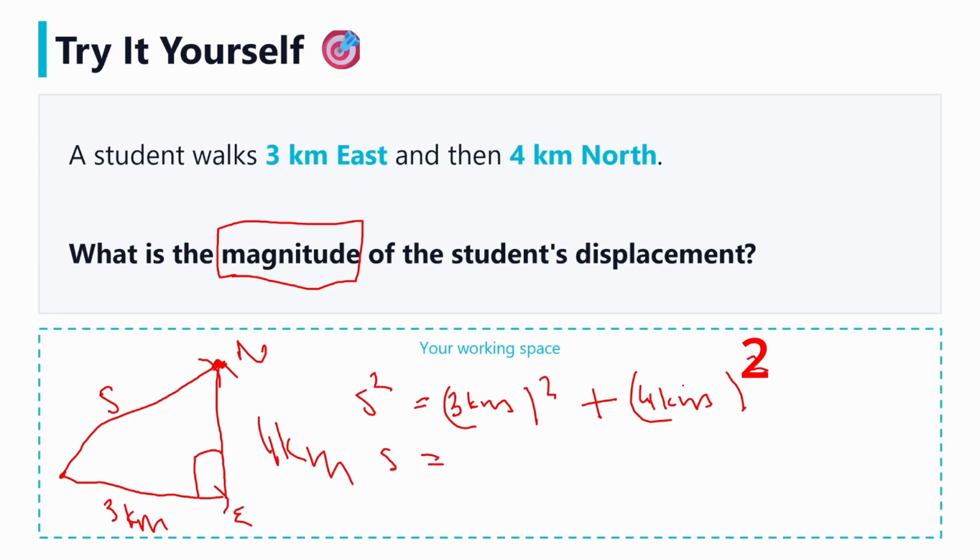This will become 9 plus 16, 25 kilometers squared, and then taking the root, this is 5 kilometers. Now you don't need to do this. If you have the Pythagorean triplets memorized, you can also instantly get that this is 5, but just for the sake of calculating, we did it. And if you want the direction, it's north, it's east, it's northeast. I know, I'm a genius. All right.